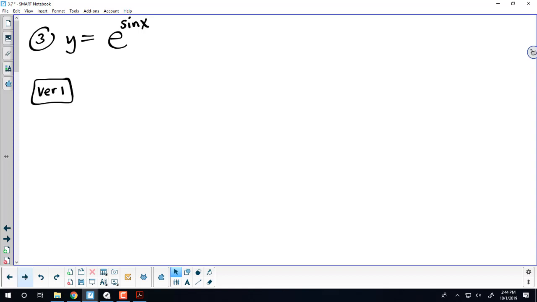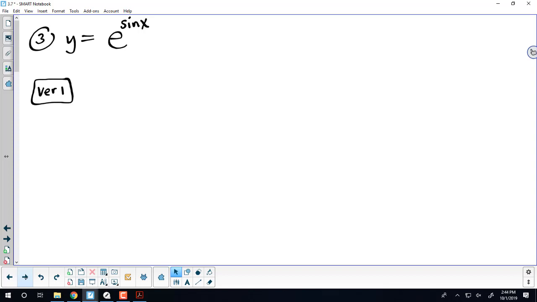Your outside function is e to the x, and inside is sine x. Taking the derivative of the outside, we leave the inside alone. When we're doing e to the x, we're just left with e to the x. So it should be e to the sine x, and then our derivative of the inside, which would be, no, would it be negative or cosine?